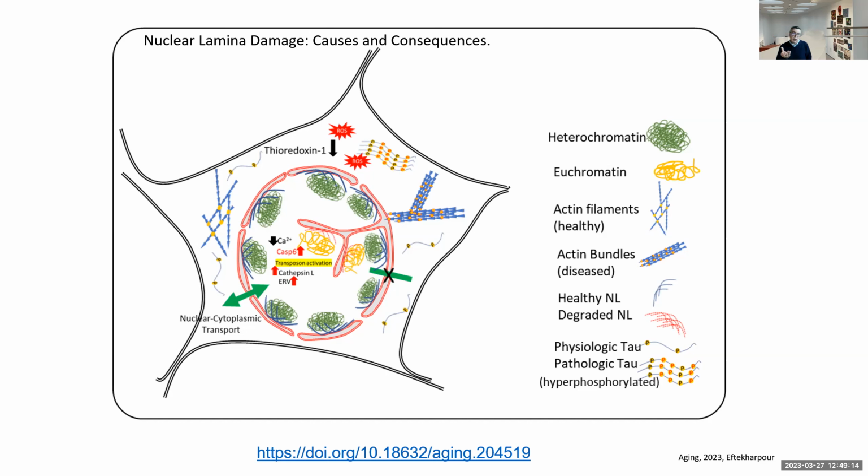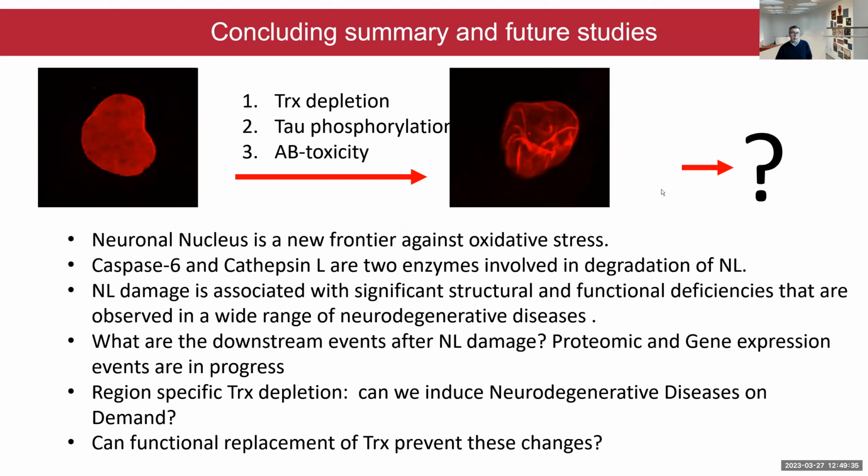And so what our model perhaps shows is that oxidative stress is sufficient to induce everything, including, as we showed, increased amyloid beta and tau phosphorylation and the pathology that is related. So whatever the cause is, nuclear lamina damage seems to be rationalized as something to look into, to see what's happening in the nucleus after this.